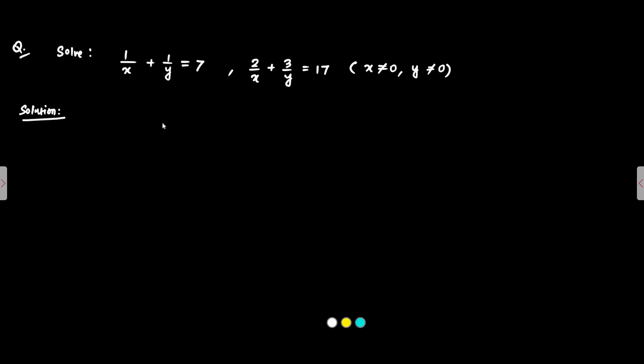So we have 1 by x plus 1 by y is equal to 7, and 2 by x plus 3 by y is equal to 17. Now we have to make substitutions, that is 1 by x is equal to u and 1 by y is equal to v, to convert these equations into the standard format.